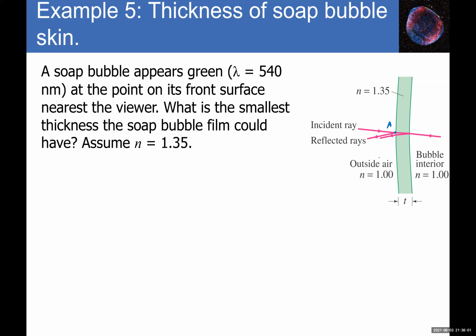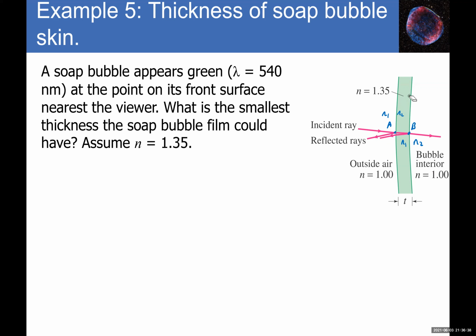That means this one at point B will not have a phase change because N2 is less than N1. For B, N1 is the bubble and N2 is air, whereas for A, N1 is air and N2 is the bubble.